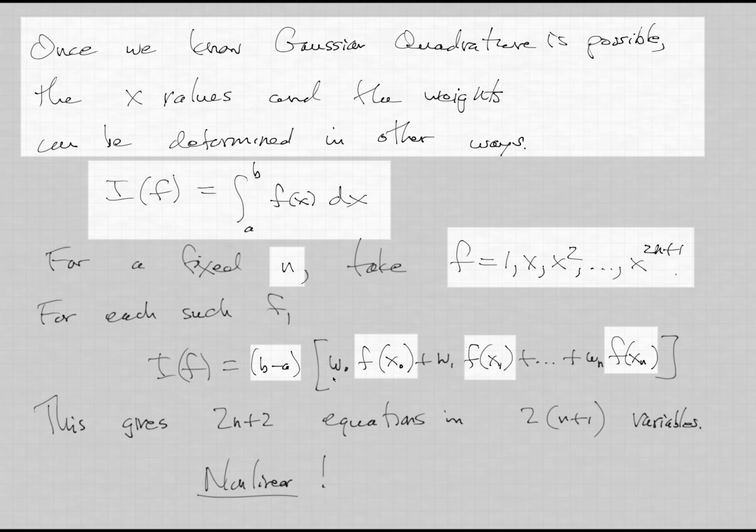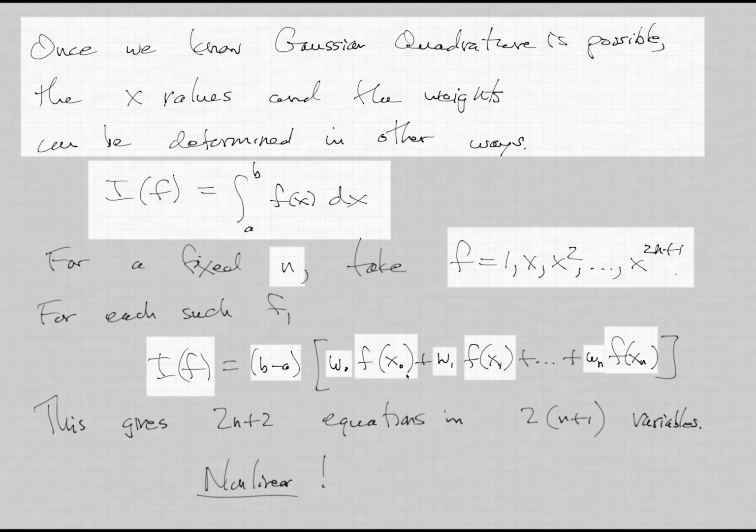And each f value will be weighted by a corresponding weight, so w0, w1 up to wn, right? And we take the average value of the function at those sample points and multiply by the length of the interval, and that is supposed to give us the value of the integral, right? So that's supposed to give us the exact value of the integral. That should be an exact equality for all of these functions, up to power 2n plus 1.